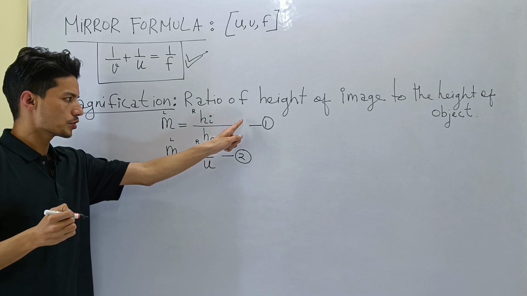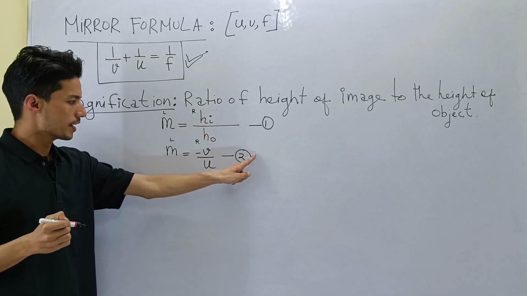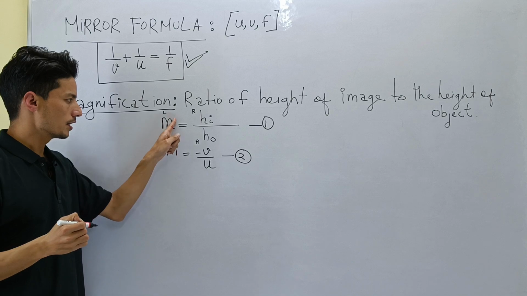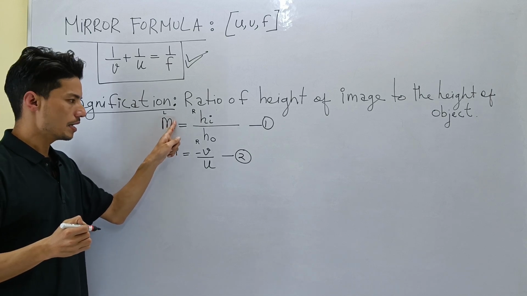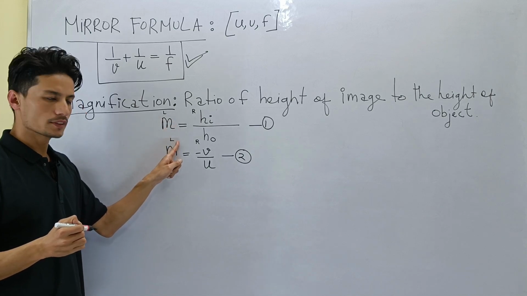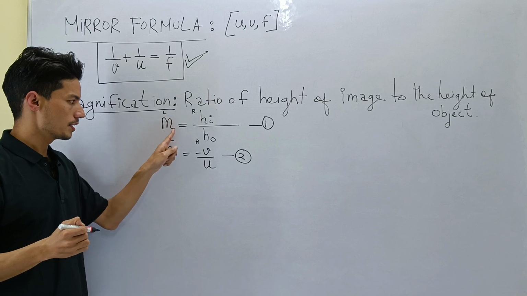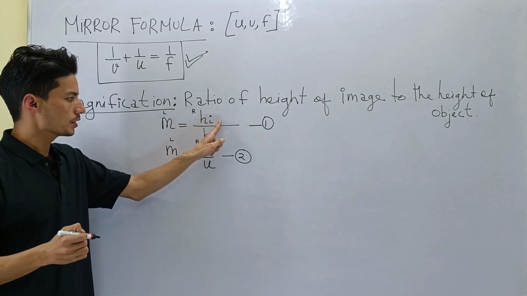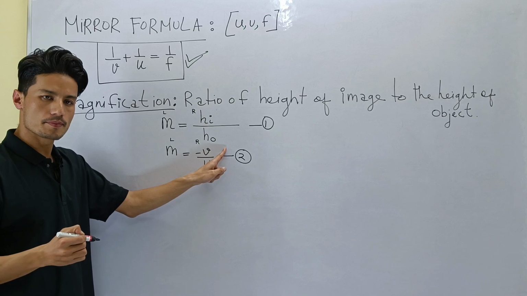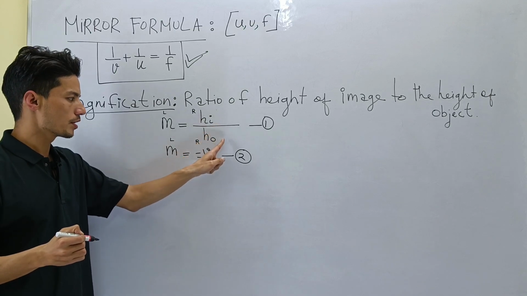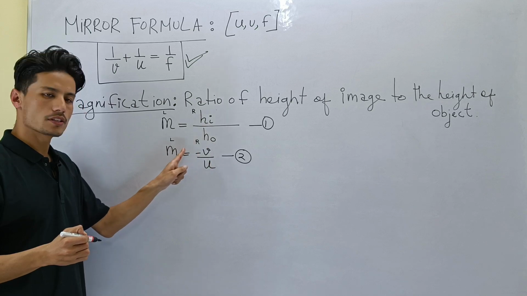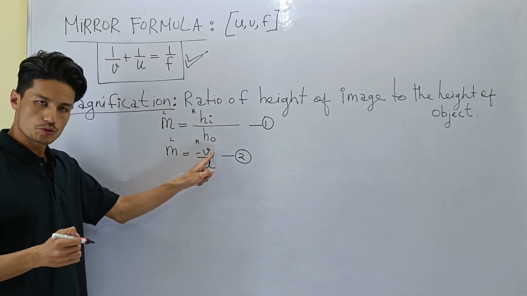If you observe equation 1 and equation 2, you will find that the left hand side is the same. You have M here and you have M here, so both the left hand sides are the same. So using logic, that makes both the right hand sides also the same. Comparing equation 1 and equation 2, since the left hand side of both the equations are equal, the right hand side should also be equal.